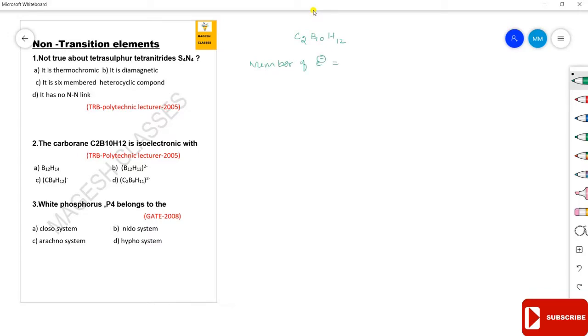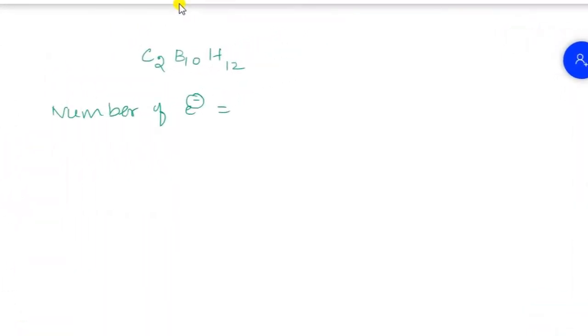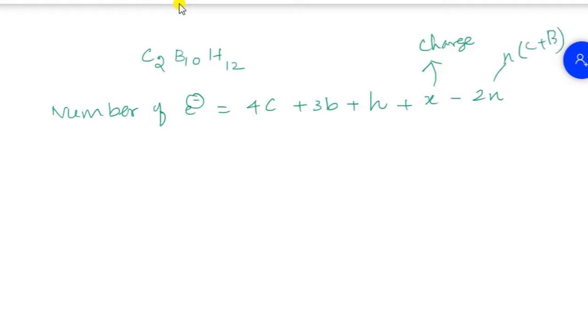The number of electrons is equal to the formula 4C, that is the valence electrons of carbon is 4, plus 3B, plus H, the number of hydrogen, plus X, minus 2N. What is X? X is the charge, if any, and N is the number of carbon plus boron.